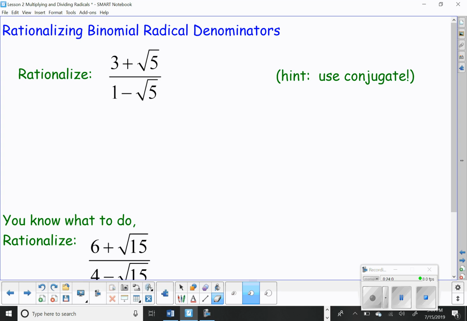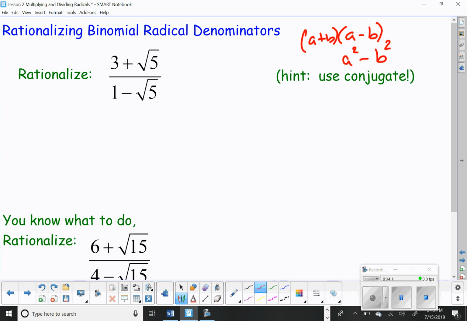Well, think difference of squares. The difference of squares, if I have a plus b and I multiply it times a minus b, I get a squared minus b squared. The individual a and the individual b drop out. A conjugate, it's the opposite of this guy.